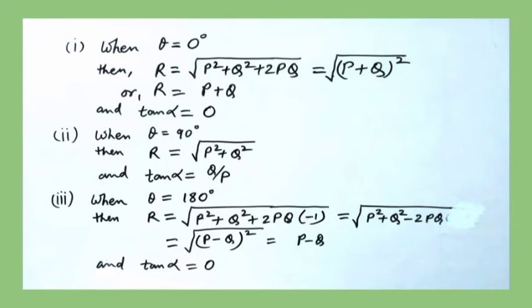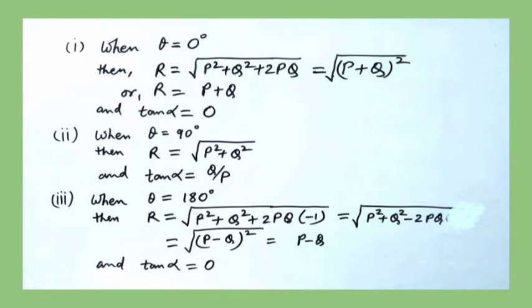Another situation is when theta is equal to 180 degree, that is vectors P and Q are opposite to each other. Then R is equal to under root P square plus Q square plus 2PQ into minus 1, since cos 180 degree is equal to minus 1.